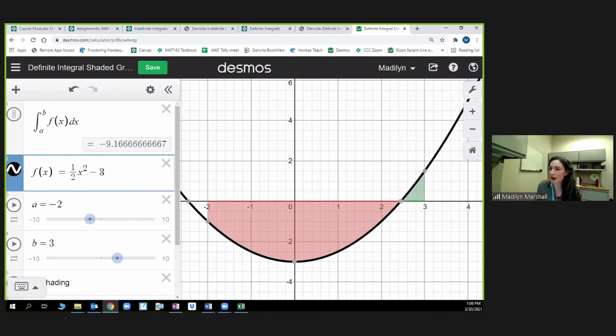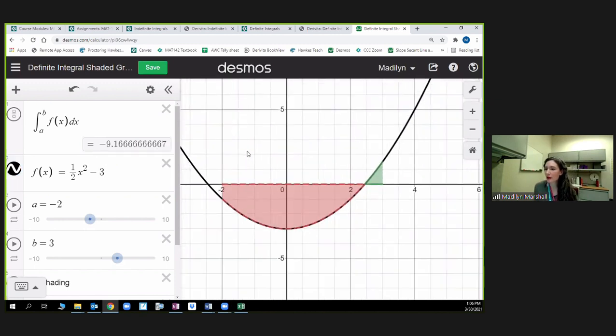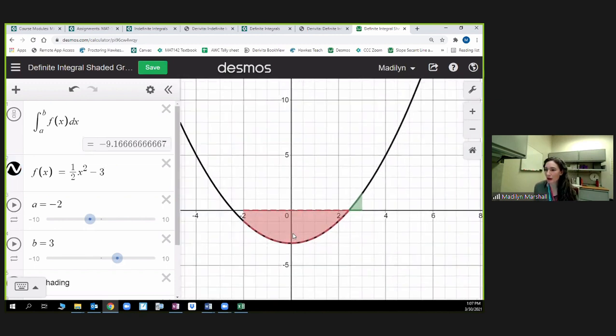So now same type of thing, but part of it dips below the x-axis. And we'll notice that if I change the shaded region so it's only in the bottom part, our area is now negative, or the integral is now negative.